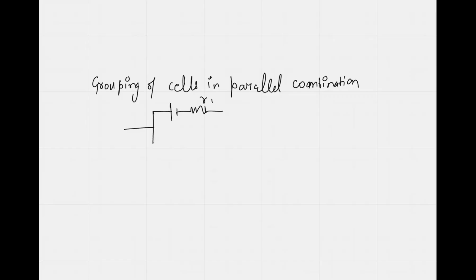This is R1, this is E1, and this is E2, this is R2. I want to make a circuit or some equation such that I can replace this with some equivalent, and it should be R equivalent.